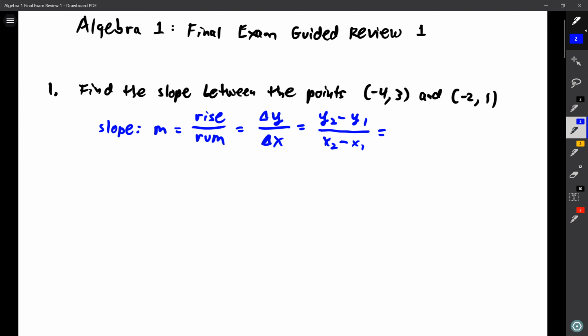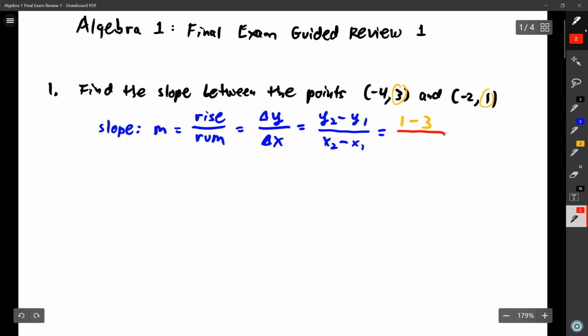So our second y value is going to be this one. So that's going to be 1 minus 3 over -2 minus -4.